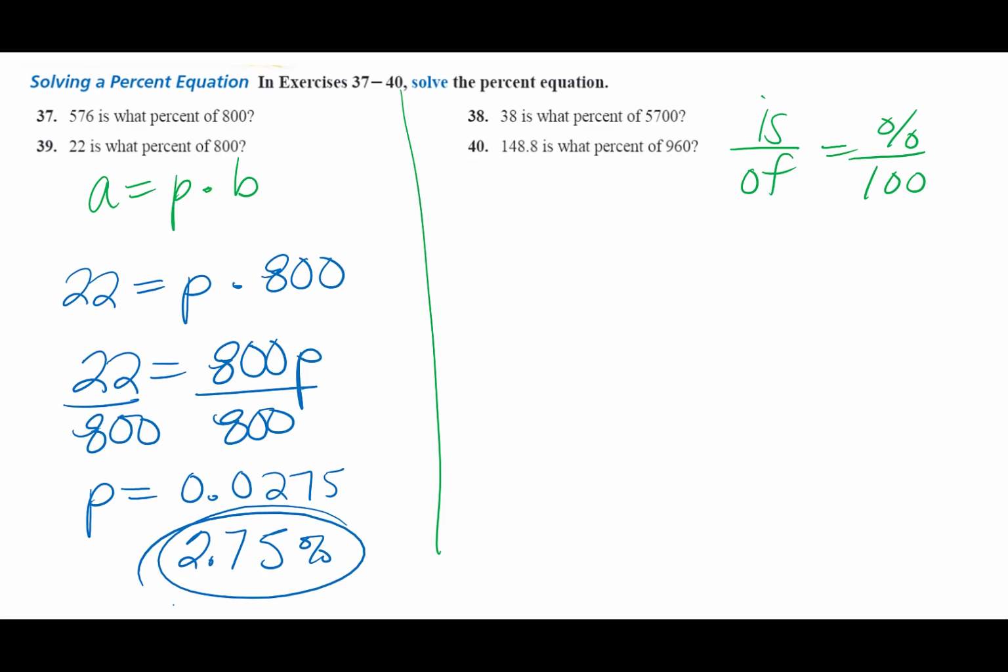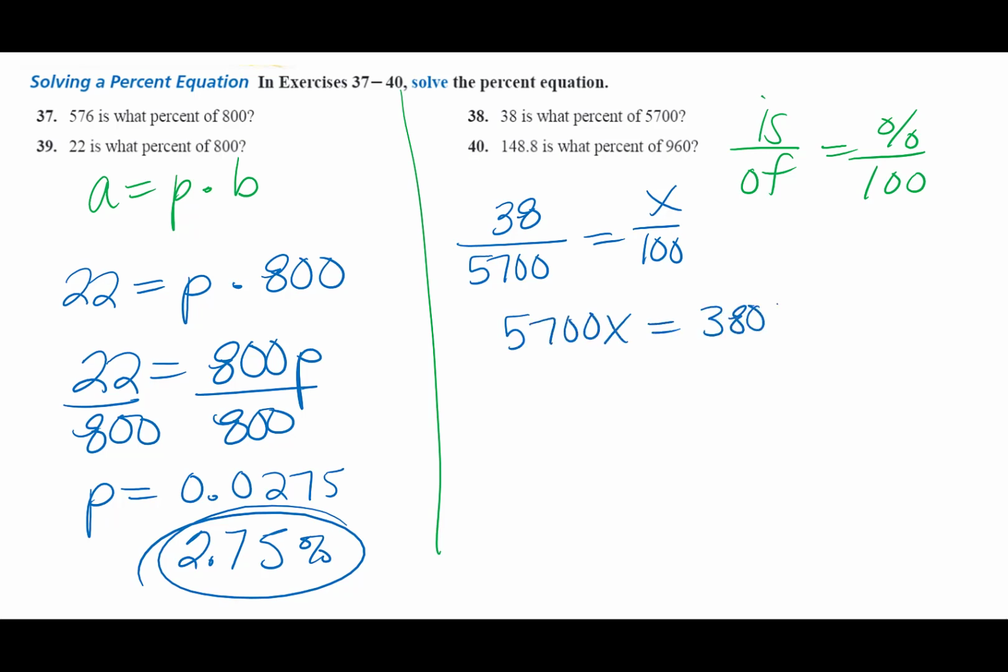Okay, let me quickly do 38 and 40 before the video gets too long. 38 says 38 is what percent of 5,700, and notice I'm emphasizing the word is and the word of. 38 will be our is number, so it will go in the numerator. Of 5,700 will be our denominator, equals x over 100. We'll cross multiply to get 5,700x equals 3,800.